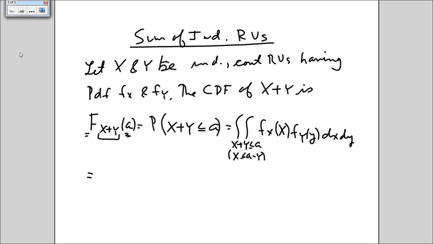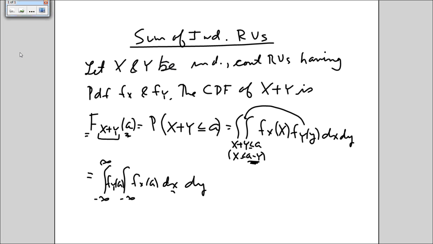So this is equal to the double integral. I'm going to do dx first, so I can factor out f_Y of y times f_X of x dx times dy. And dy goes from negative infinity to infinity, but x goes from negative infinity up to a minus y.